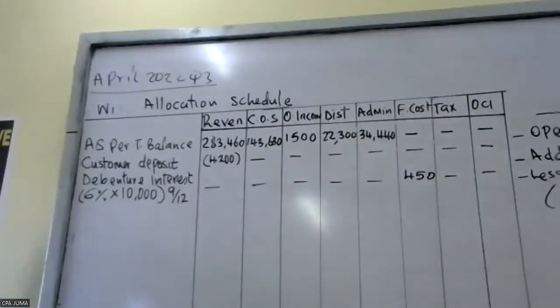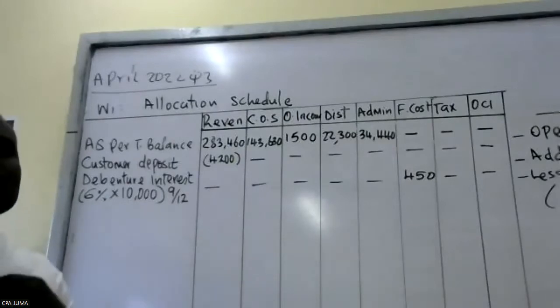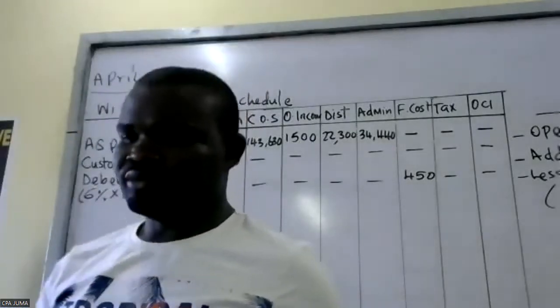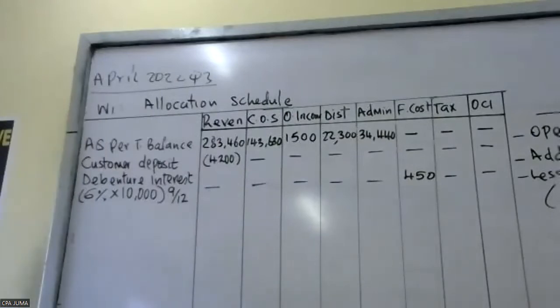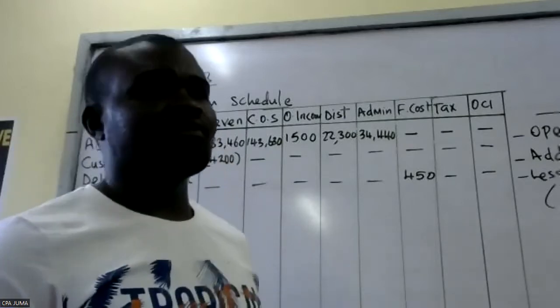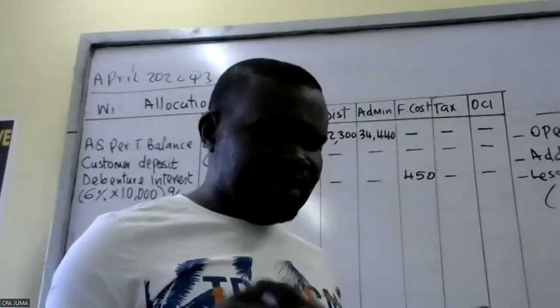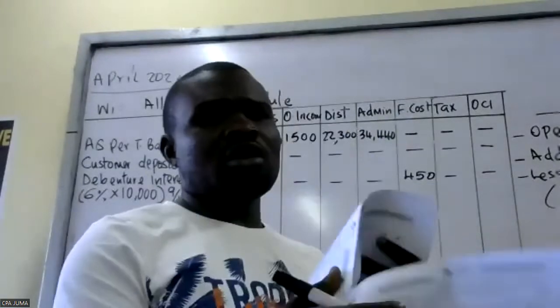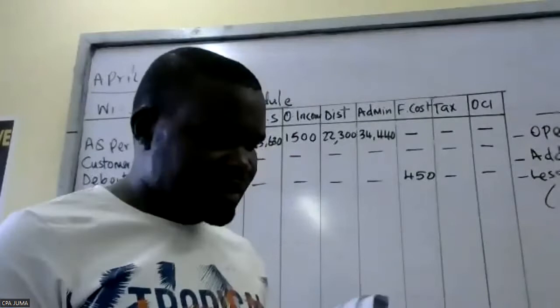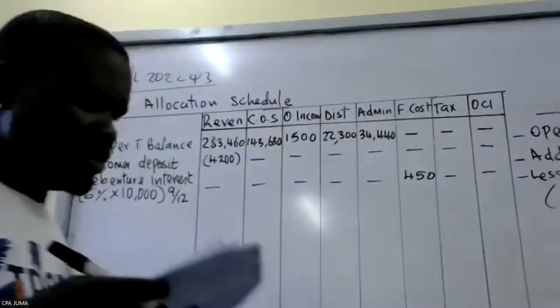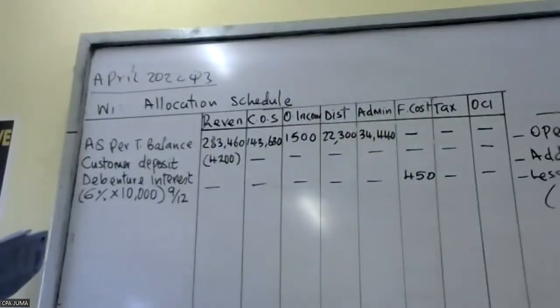So can you check your trial balance? In your trial balance, are you seeing redeemable preference? Yes. At what rate? 8%. Yes, 12,000, but the rate is 8%.